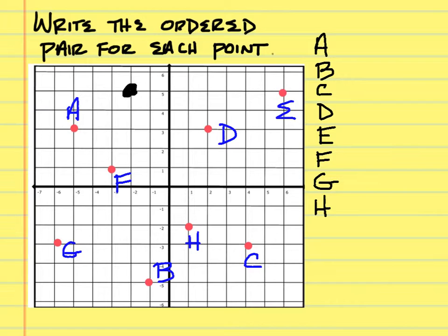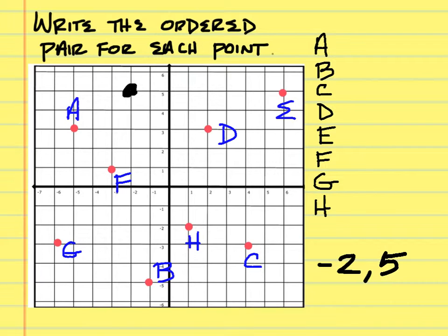And you always go left or right to start with. How far to the left do I have to go to get lined up with this point? Yeah, I've got to go to negative 2. So that's the first thing I would write, and then comma. How far up from the x-axis do I have to go to get to this point? 5, and that's a positive 5. So negative 2, 5 is that point.